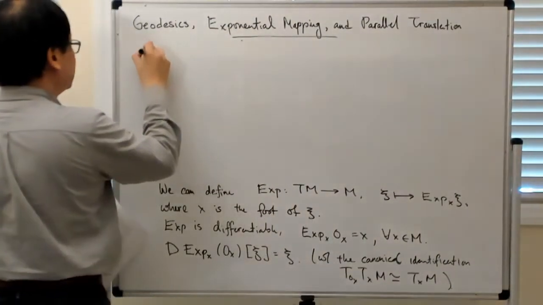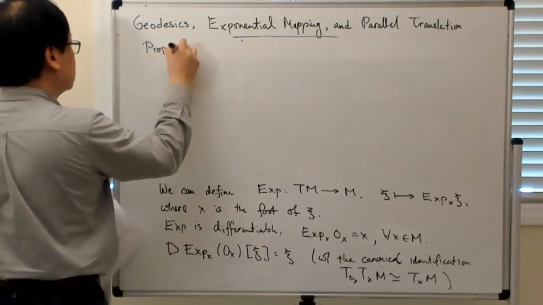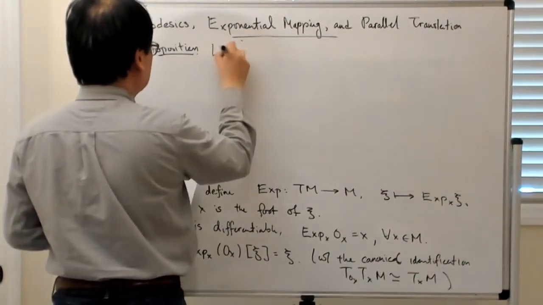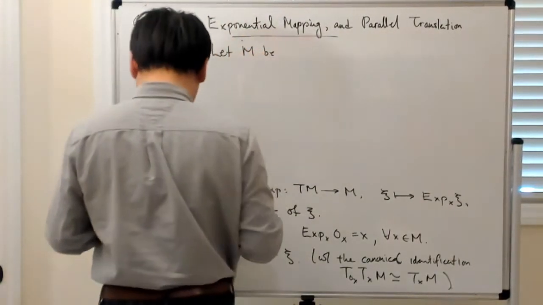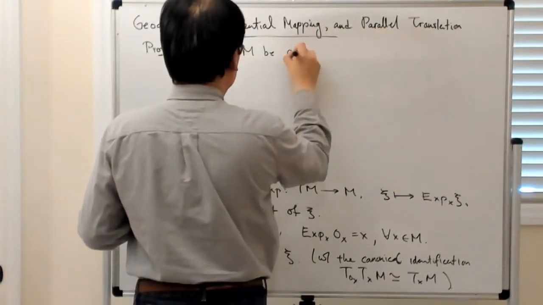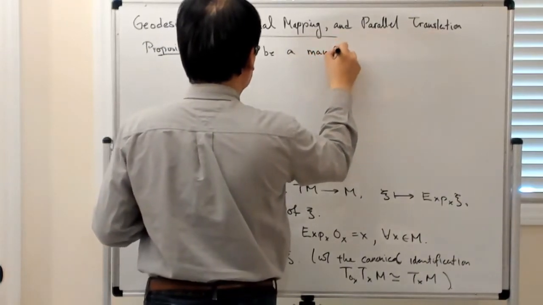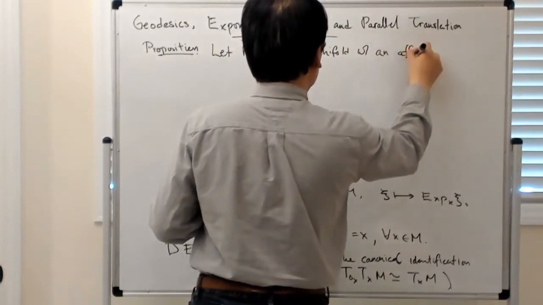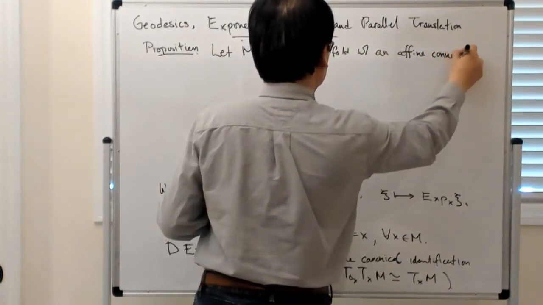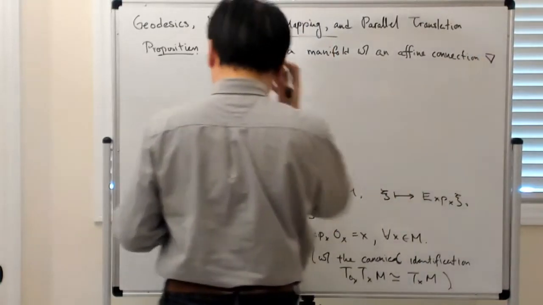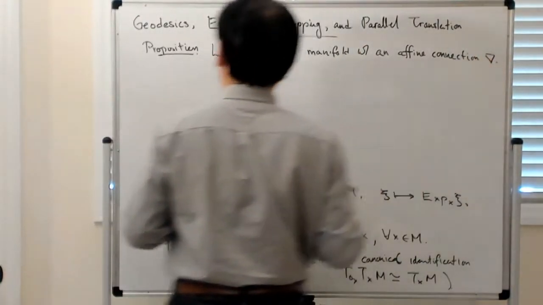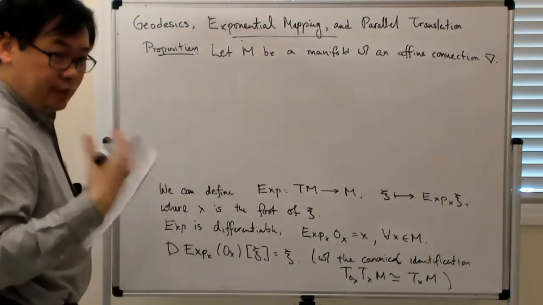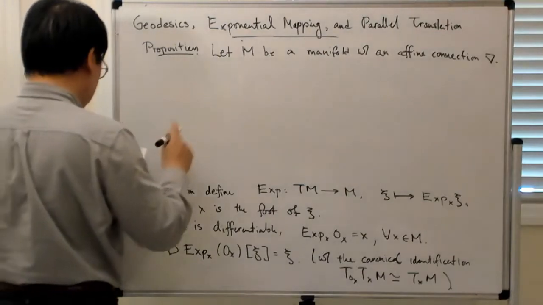So let me state the proposition. Let M be a manifold with an affine connection, nabla. And the exponential map induced by that connection, again, it's important to remember that the exponential map depends on the choice of the connection.